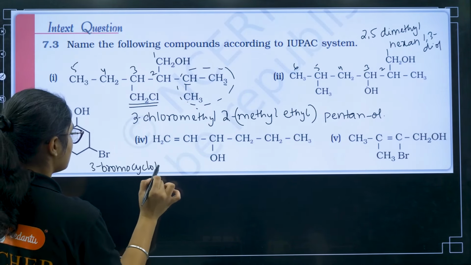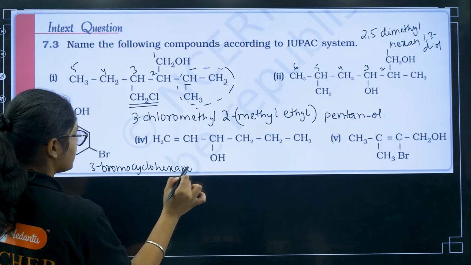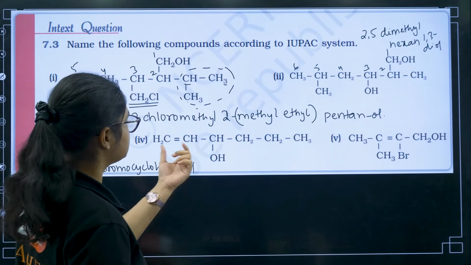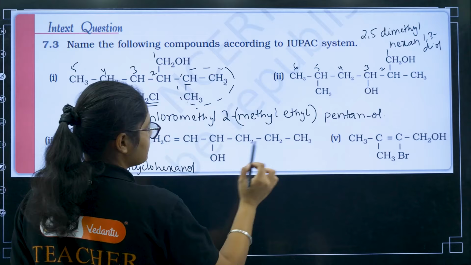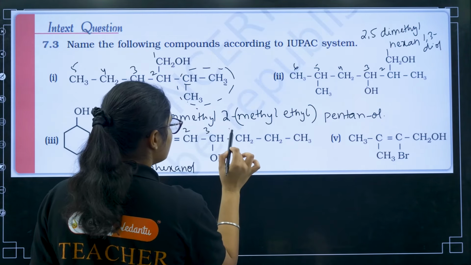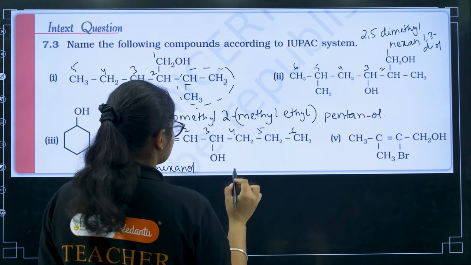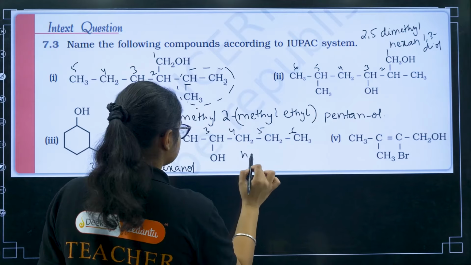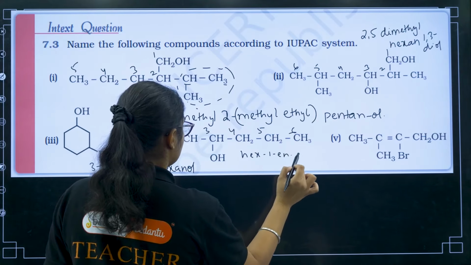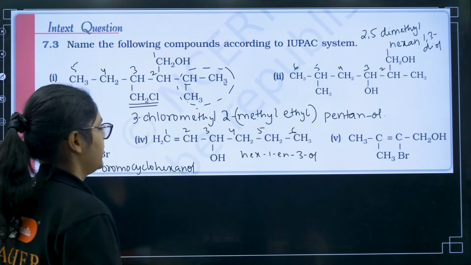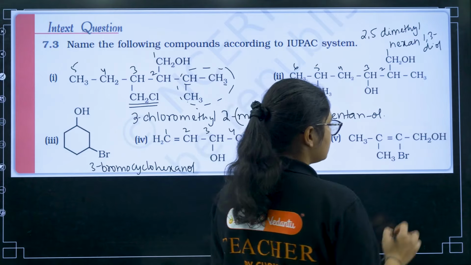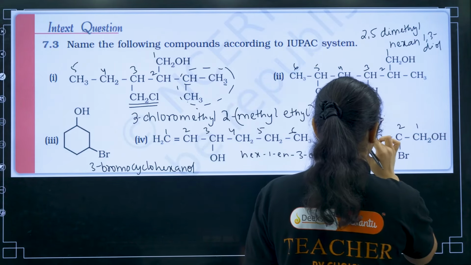Similarly here if you see 1, 2, 3, this is 3-bromocyclohexanol, simple. In this one you can see a double bond, so we will start the numbering from this side: 1, 2, 3, 4, 5 and 6. So I have here hex-1-en-3-ol. Next here we have 1, 2, 3 and 4.